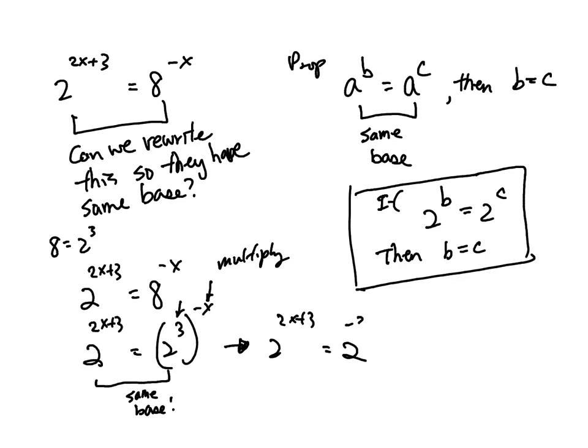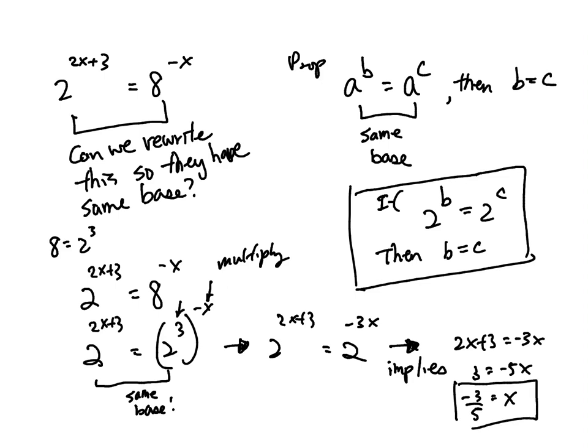So this is negative 3x. Now we have the same base and they're equal, so the exponents have to be the same. This implies 2x plus 3 equals negative 3x. Solving for x, you get 3 equals negative 5x, and x is negative 3/5. So x equals negative 3/5 is the answer for this problem.